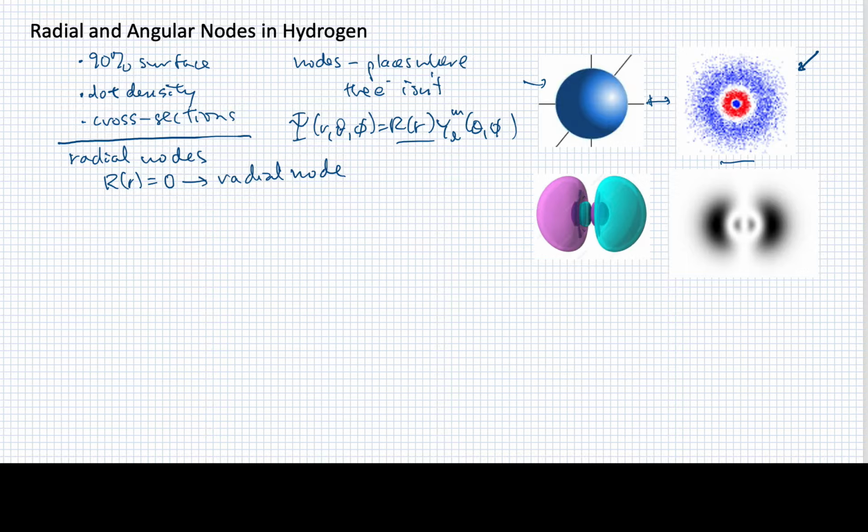And since we have mathematical forms for these wave functions, we can determine exactly where those radial nodes might occur. So these are essentially the values of r that give rise to this condition.